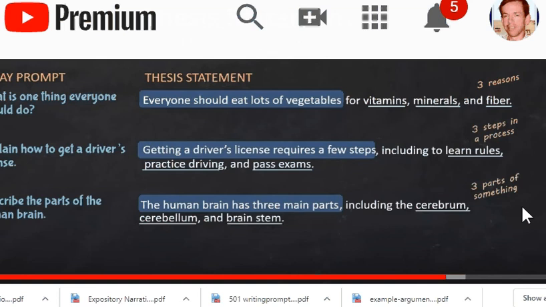This shows thesis statements that give the 3 elements. This is great for a longer research paper or essay, but again, it can be quite difficult, and it requires a lot of grammar knowledge to do this correctly.